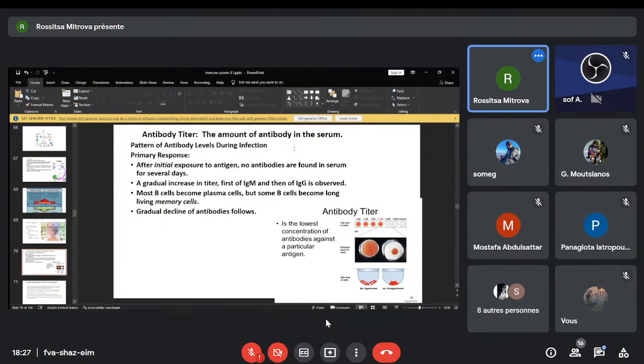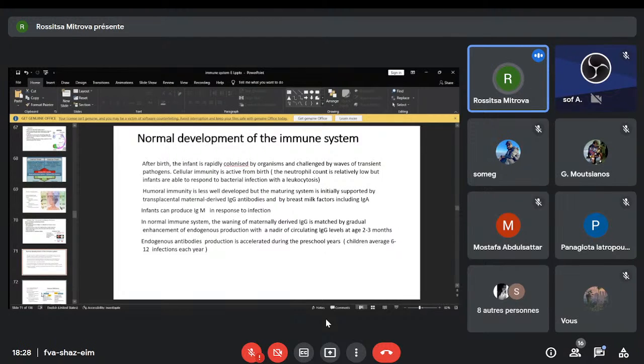Then follows a gradual increase in titer, first immunoglobulin M, and then immunoglobulin G is observed. Most of the B cells become plasma cells, but some of the B cells will become long-living memory cells. Then follows a gradual decline of antibodies. Now, this is a problem that is very much discussed in connection with the COVID infection.